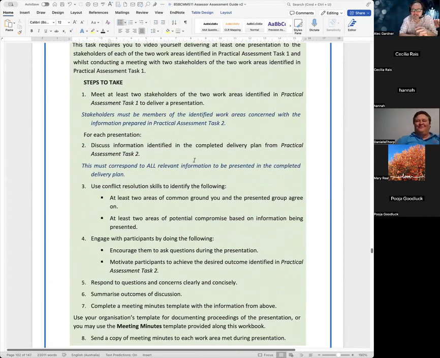So for each presentation, I want you to discuss information identified in your delivery plan. Use conflict resolution skills to identify at least two areas of common ground you and the presented group agree on, and at least two areas of potential compromise based on information being presented.